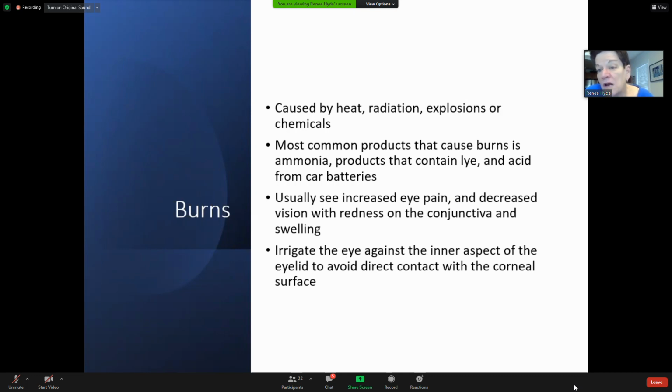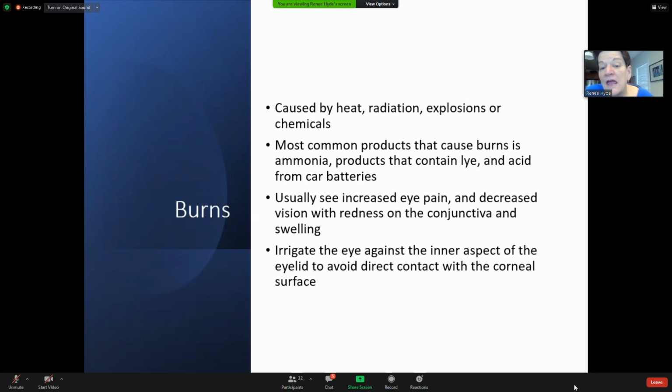The most common products that cause eye burns are ammonia, products that contain lye, like Drano, and acid from car batteries. Typically, these patients will have increased eye pain, decreased vision, redness on the conjunctiva, and swelling.